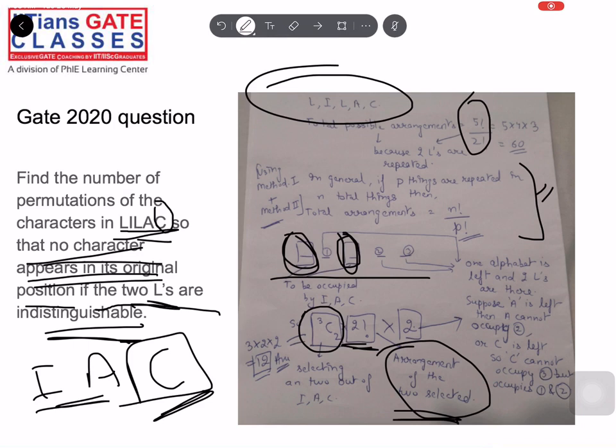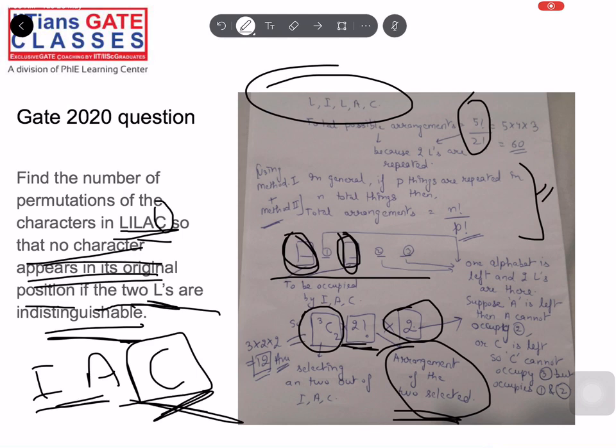Since C has two choices only, if C occupies first, in 2 and 3 you will place both the L's. And if C occupies second, in 1 and 3 you will place both the L's. Correct. That means for C, I'll have two more ways: either C can come to 1 or C can come to 2.